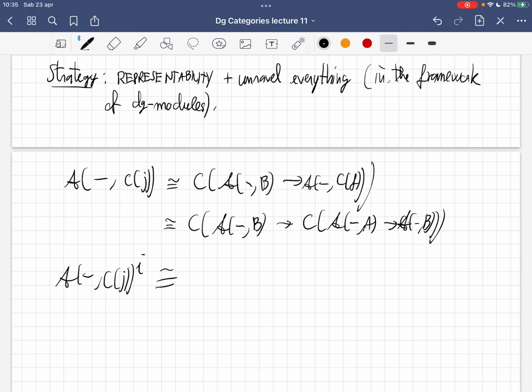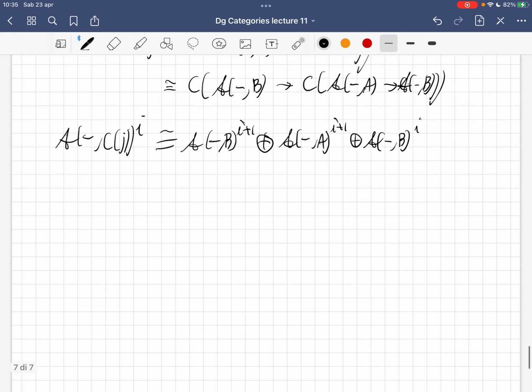This is really just unraveling everything. Have this I plus 1 coming from this component, plus you will need some ith component of this cone, but this ith component of this cone will itself be this I plus 1 plus this. So this is it.